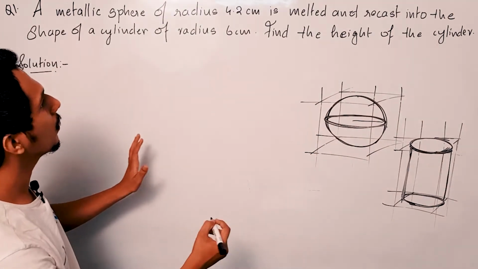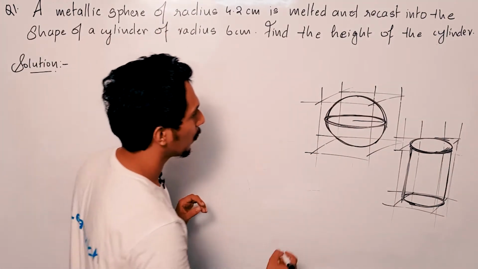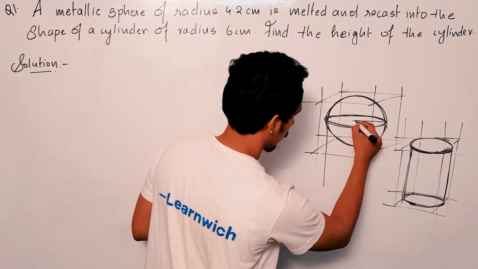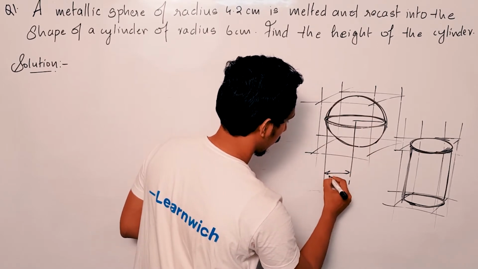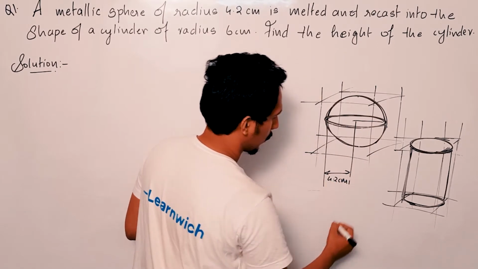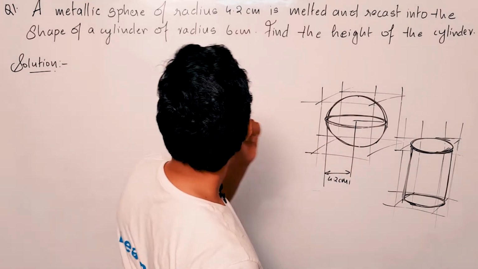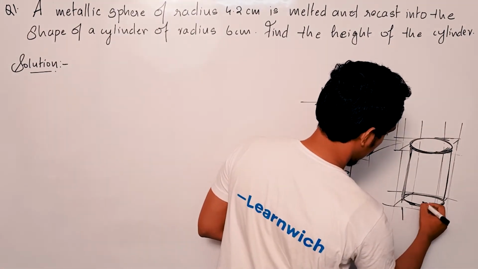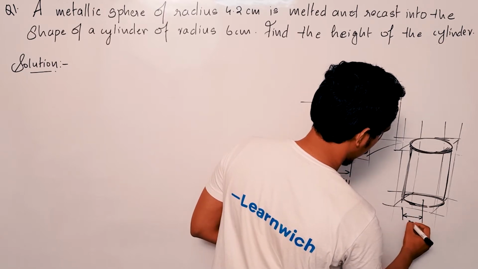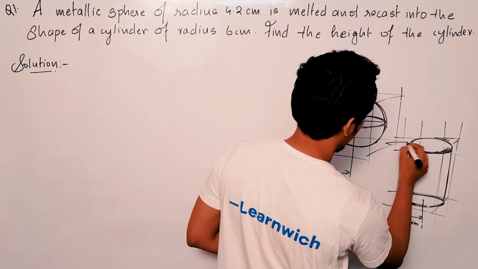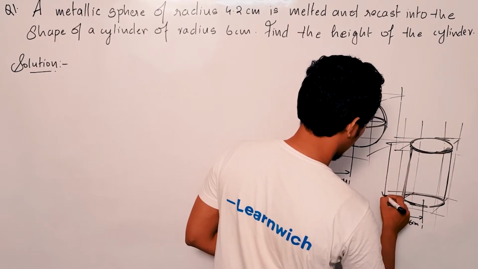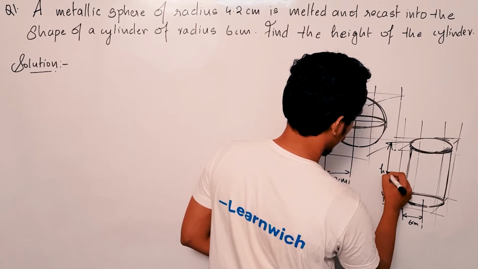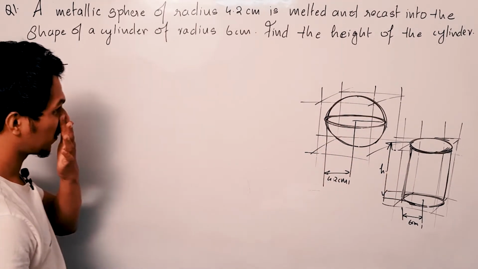So what are the things given? The radius of the sphere is 4.2, and it is recast into a cylinder of radius 6 centimeter. You have to find the height of the cylinder. We don't know what the height is, so you have to find it out.